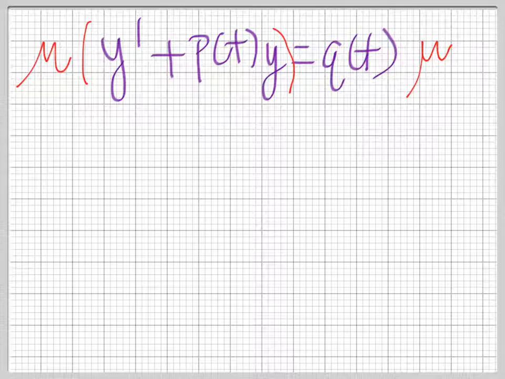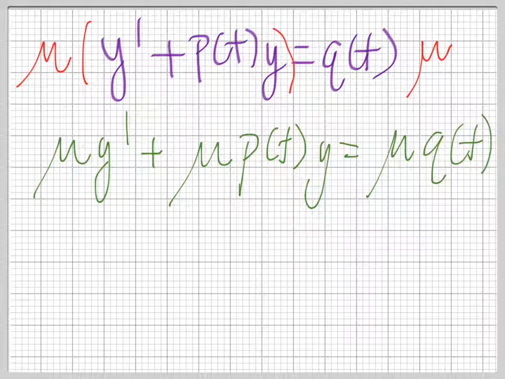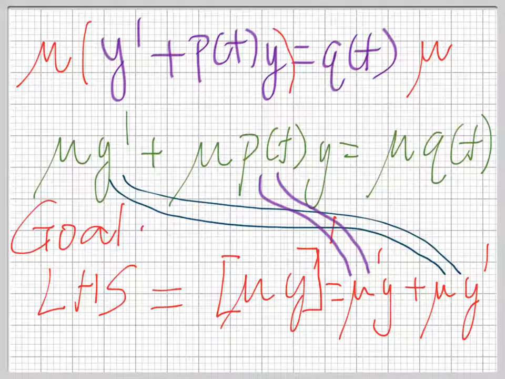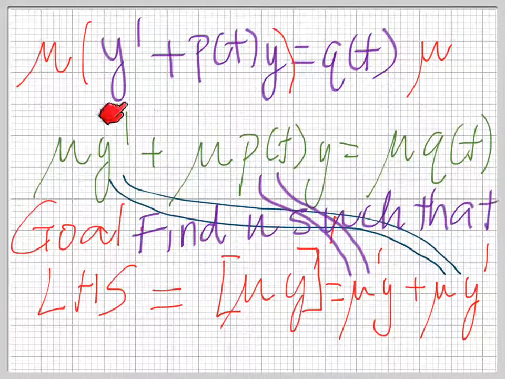Using the method of integrating factors, the idea is to multiply both sides by mu of t, which is an unknown function, and the goal is to find this unknown mu function such that the left-hand side equals the derivative of the product of mu times y. Back to calculus 1, we know the derivative of mu times y equals mu prime times y plus mu times y prime.